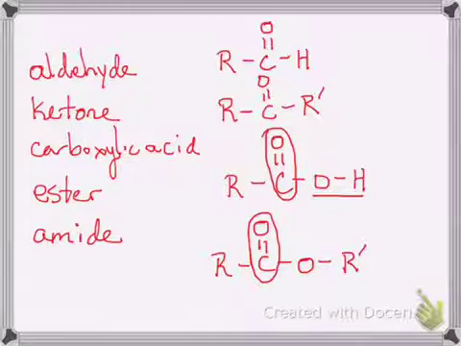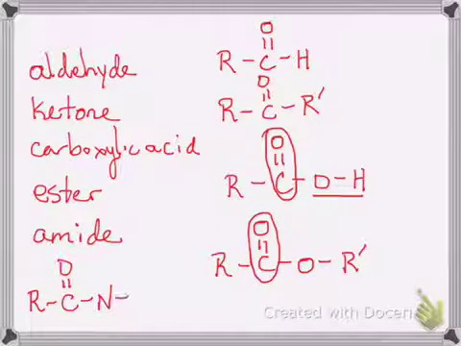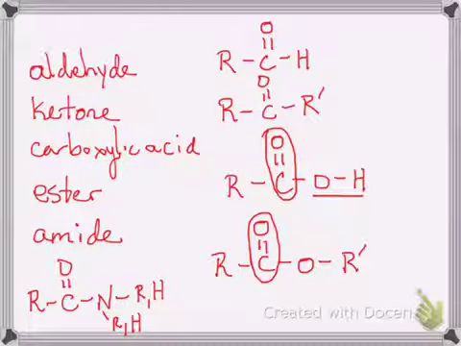The final one is an amide. This one gets confused a lot with amine. They are not the same as the amine we just went through. In an amide, it's the R group, the carbonyl group, and then on the other side of the carbonyl you'll see a nitrogen.